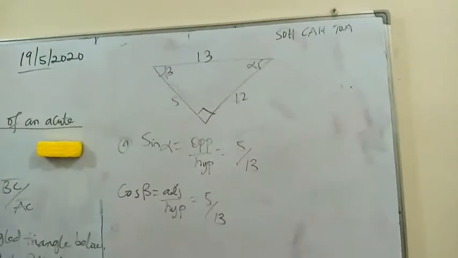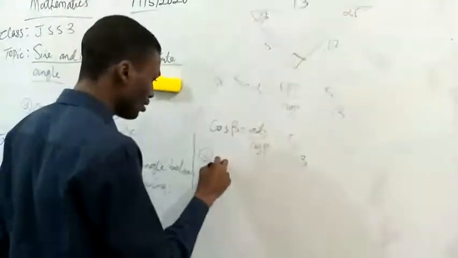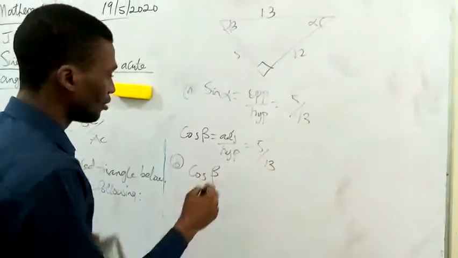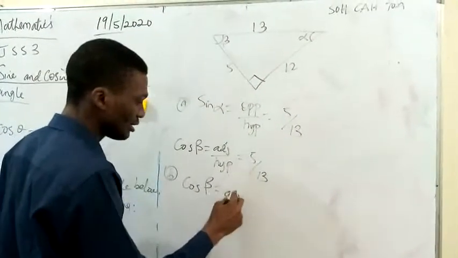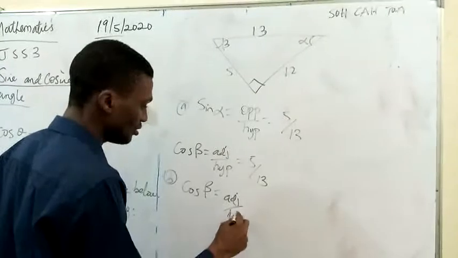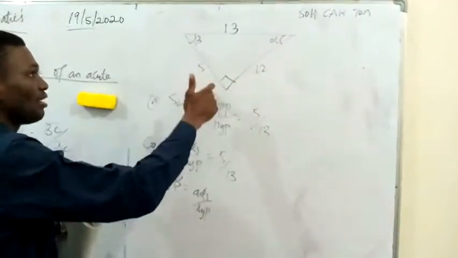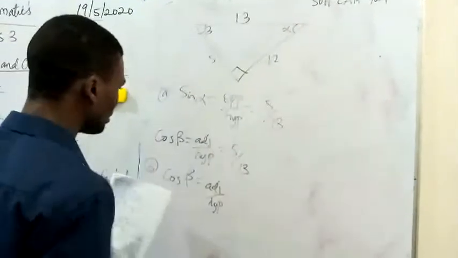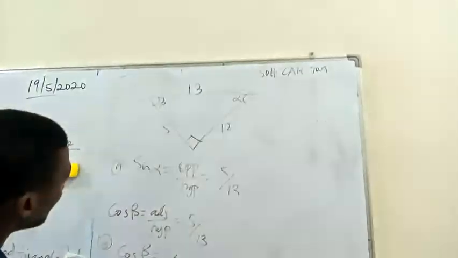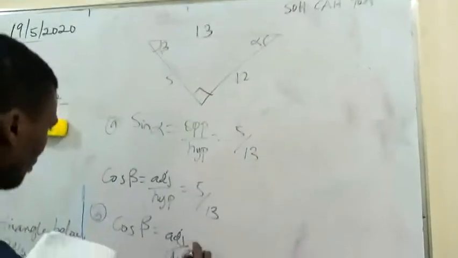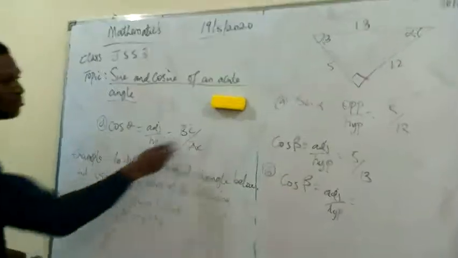The next one we have is cos beta. We have adjacent all over hypotenuse. So our adjacent will be 5, the hypotenuse will be 13. Sorry, cos beta, adjacent to the hypotenuse. So we have, A is this, C is sin beta.